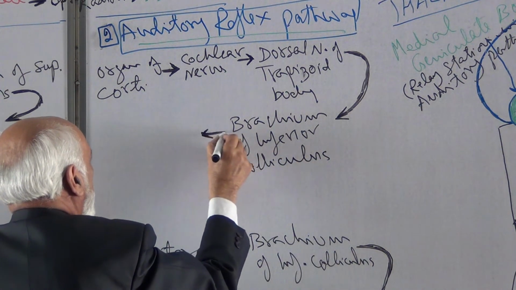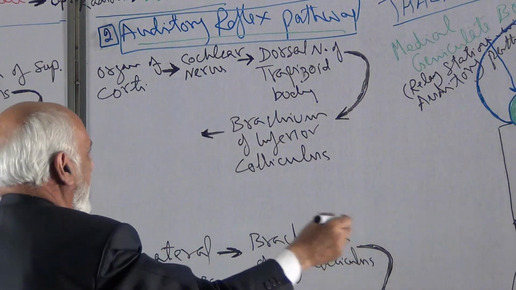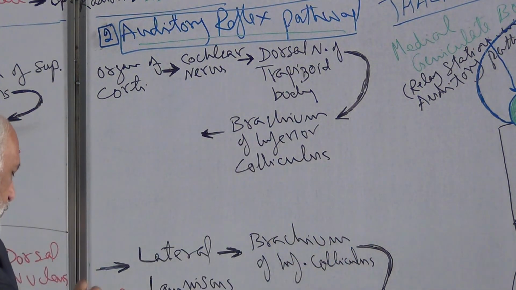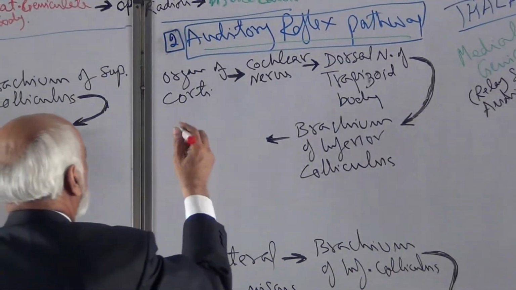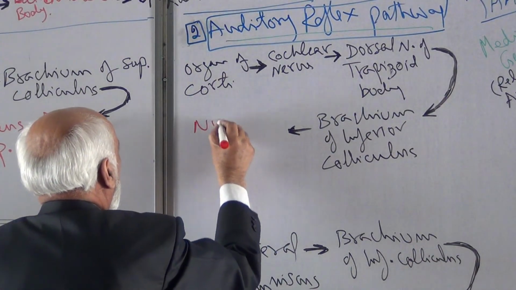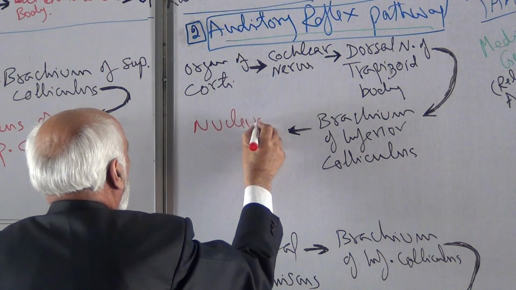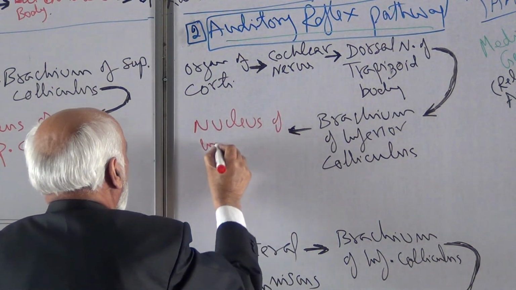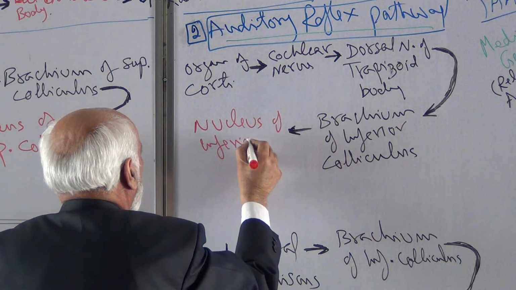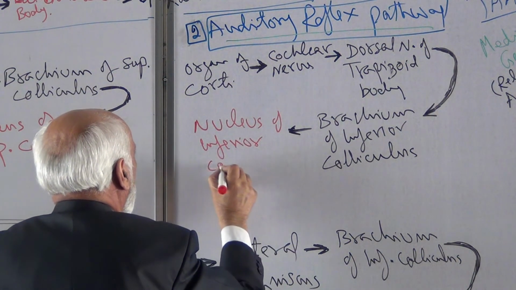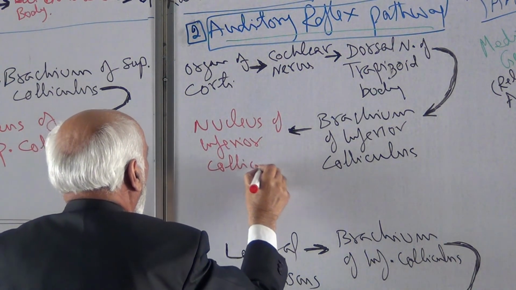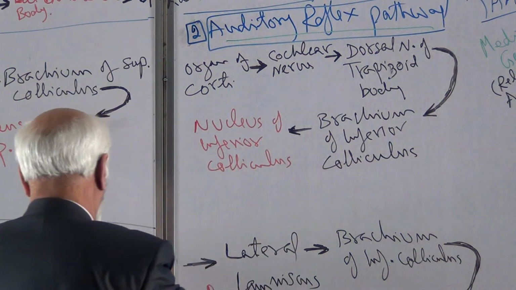From the brachium of the inferior colliculus, the fibers enter the nucleus of the inferior colliculus.